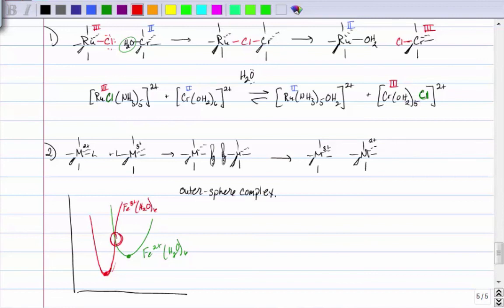Where these two lines cross over, basically they have the same geometry, or they're similar enough where there's no energy barrier for electron transfer to happen. So there's a bunch of equations that explain this, but basically the equation is setting the potential energy equations of the reactants equal to each other so that an electron transfer can happen. This is called Marcus theory.